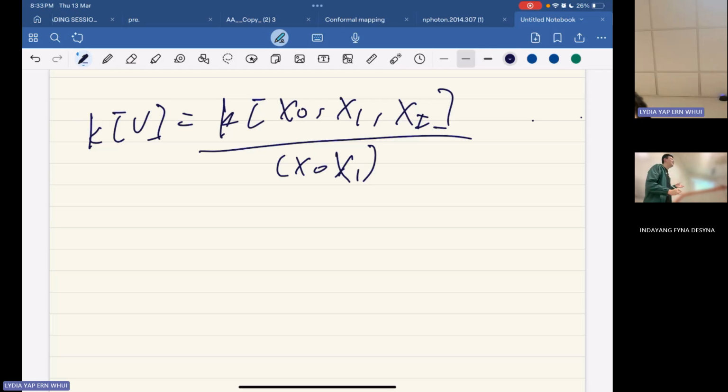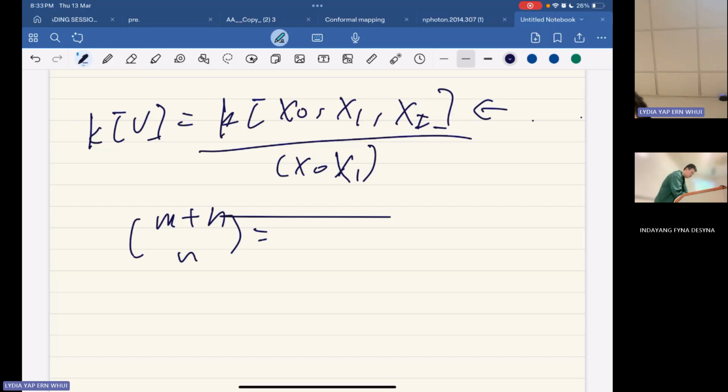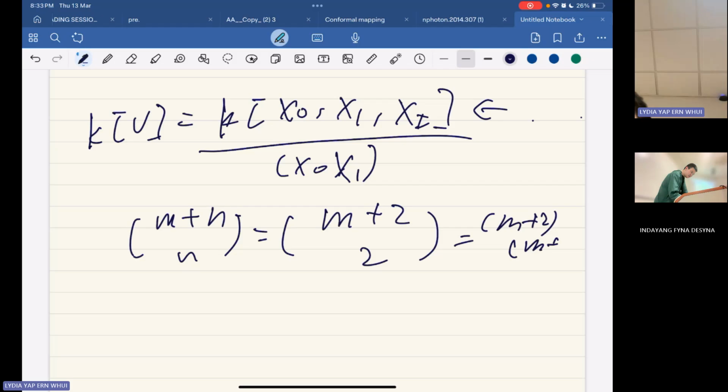And if you want to compute the Hilbert polynomial of this, we can just compute the Hilbert polynomial of the polynomial ring, and subtract those dimensions that vanish in V, right? And we already know the dimension of the m-th graded piece of this polynomial ring. It should be m plus n choose n, right? Here we discuss this in P2, so it should be m plus 2 choose 2, which is just (m+2)(m+1)/2, right?